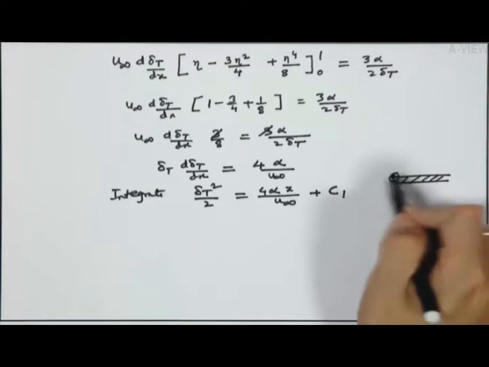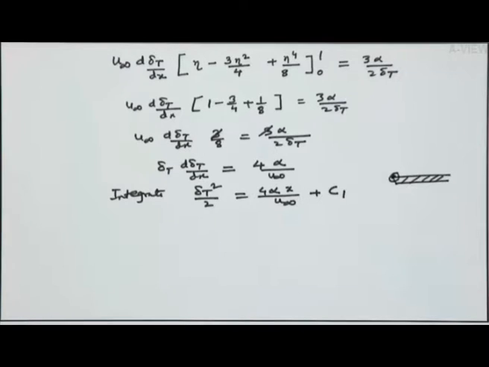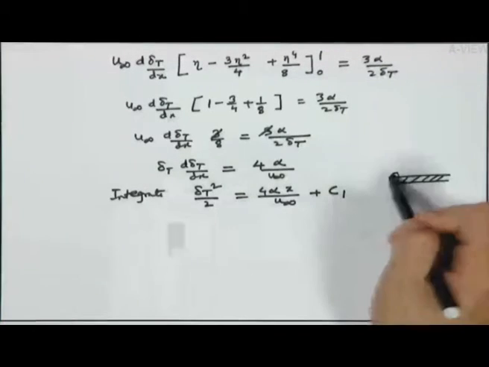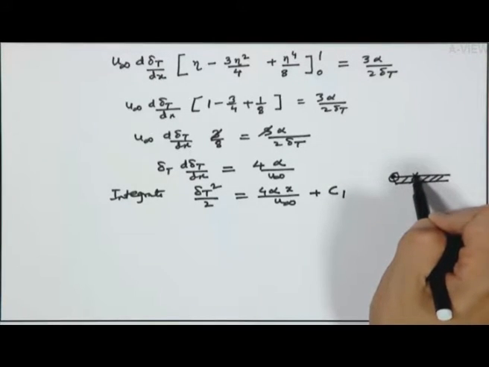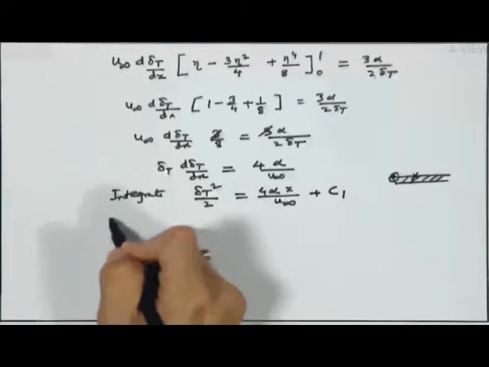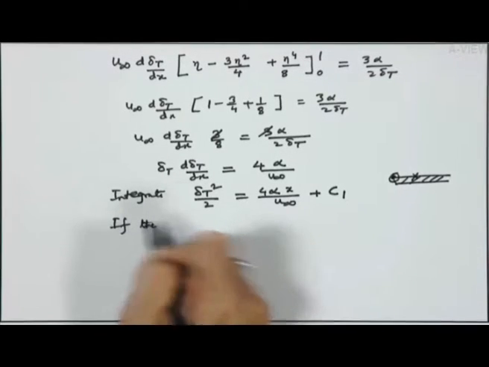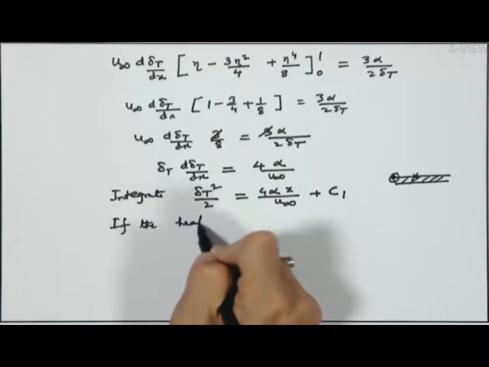At x equal to 0 is the singular point, but for all mathematical purposes we say that for x tends to 0 plus, delta t tends to 0, provided the heating starts from here. So let us assume that the heating starts from the beginning, the heating may be cooling also.